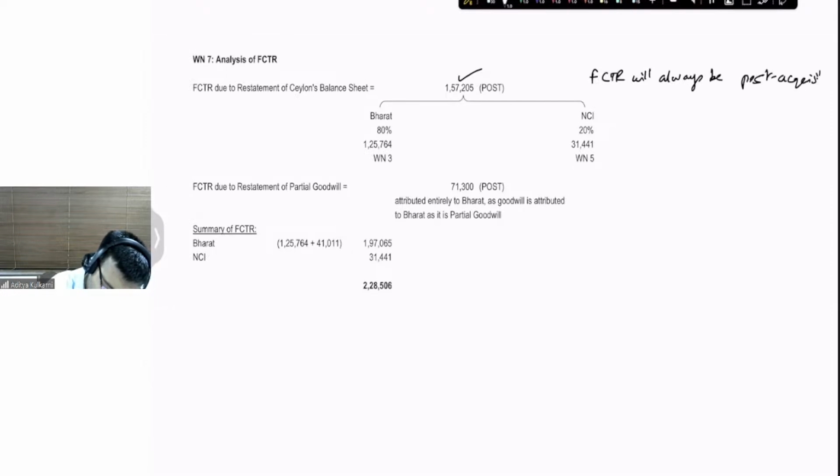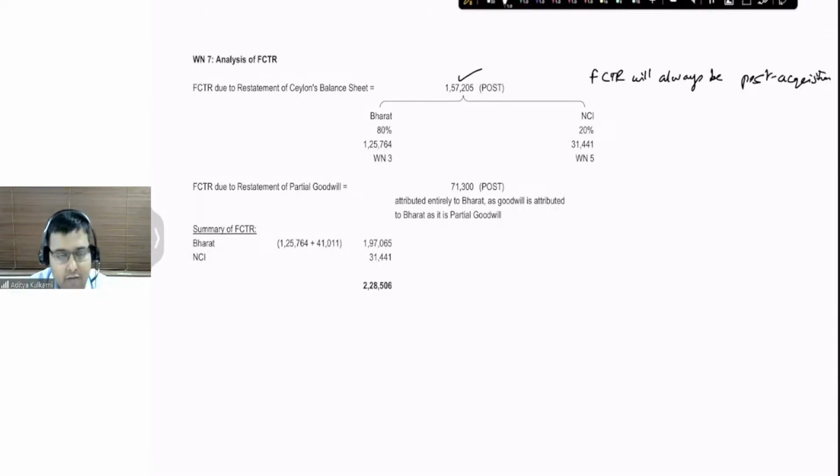Why, sir? Why always post? Arey, when will you do the translation? You will do the translation only when you have the control. And because you are having control already when this reserve came into existence, it will always become a post-acquisition reserve. Your FCTR arises after you got the control. Before you got the control, you cannot go and say, I will translate Apple Limited's reserves and take it into my balance sheet, where is the control?